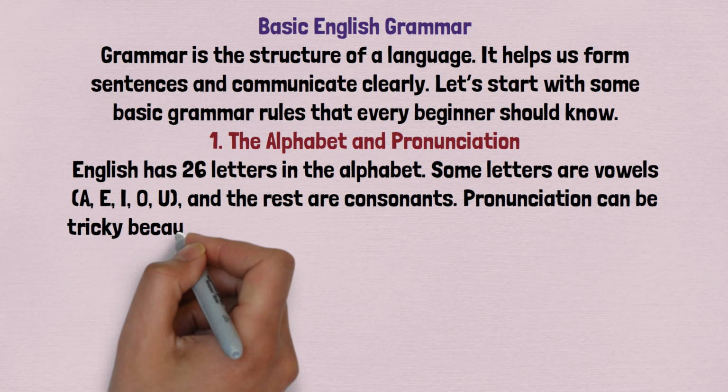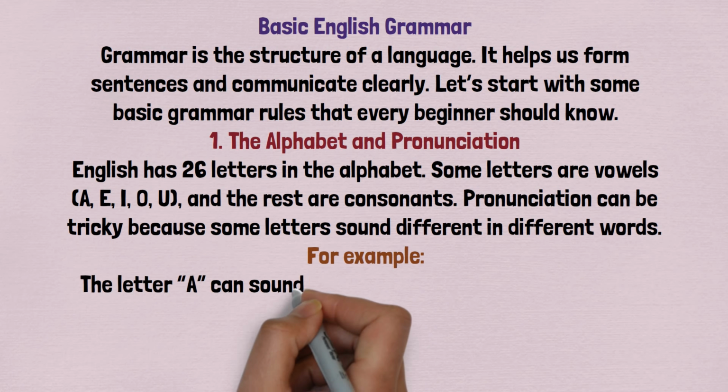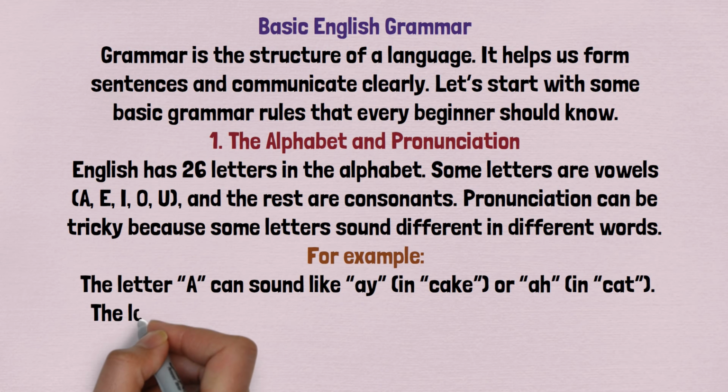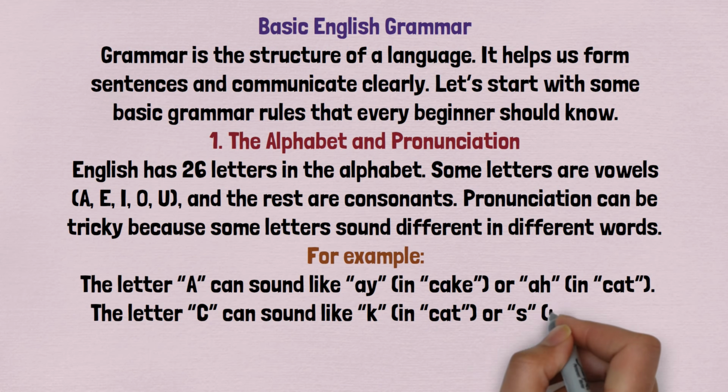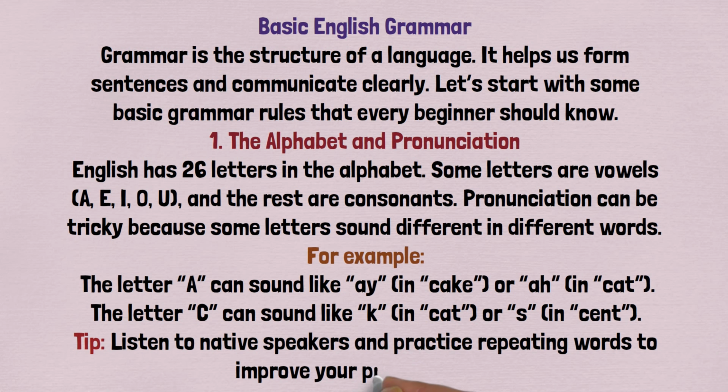1. The alphabet and pronunciation. English has 26 letters in the alphabet. Some letters are vowels, A, E, I, O, U, and the rest are consonants. Pronunciation can be tricky because some letters sound different in different words.